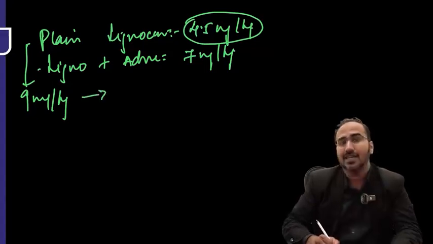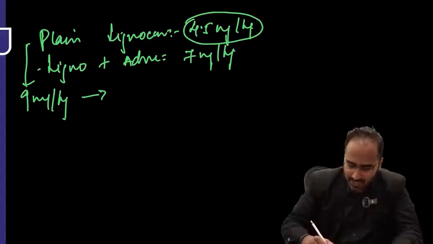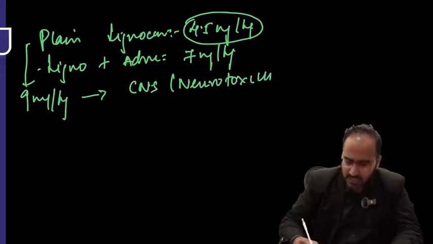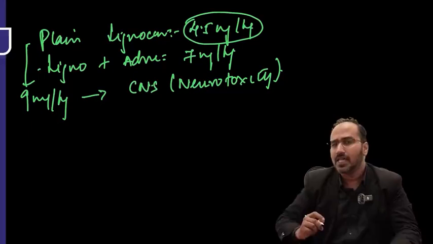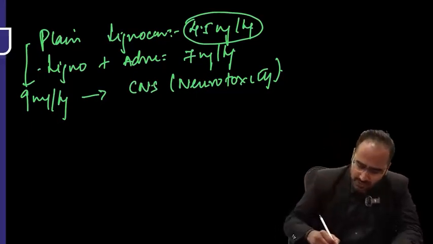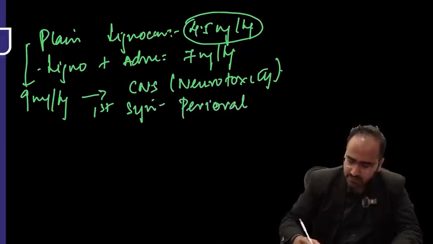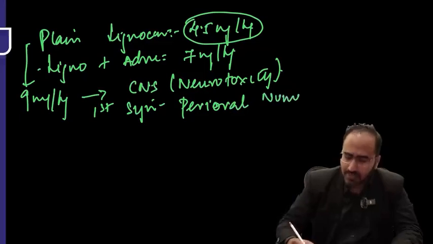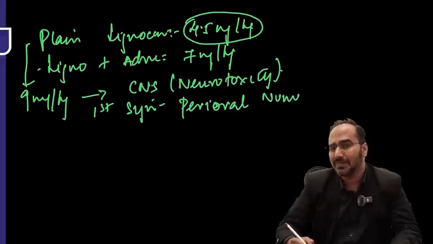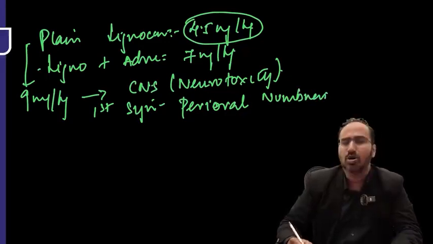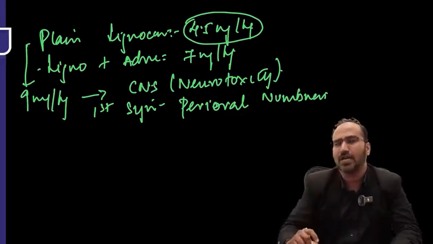As lignocaine produces CNS neurotoxicity, the first sign of lignocaine toxicity in the patient is perioral numbness. We are discussing local anesthetic systemic toxicity, LAST. The patient complains of perioral numbness.